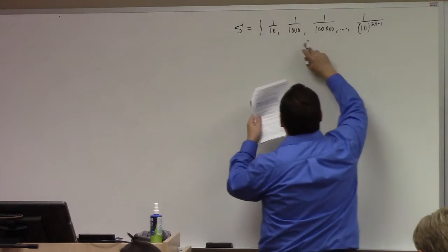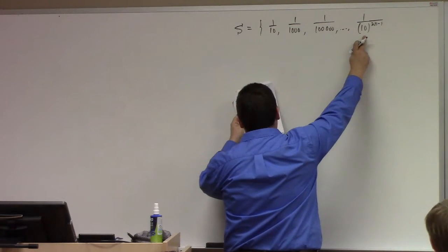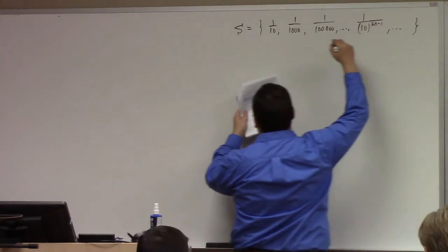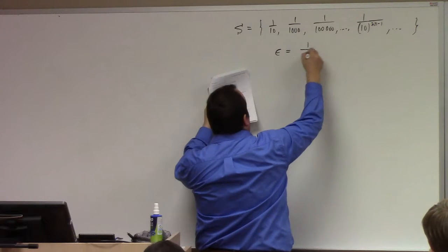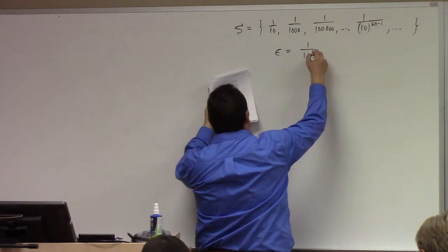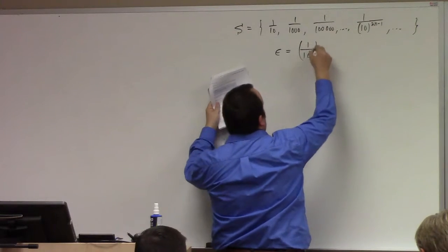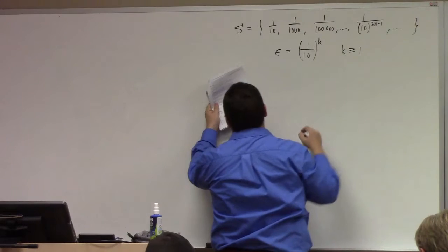So that's like 10 to the third, 10 to the fifth, 10 to the odd power. And it tells us epsilon is equal to 1/10 to the k power, where k is something bigger than 1.